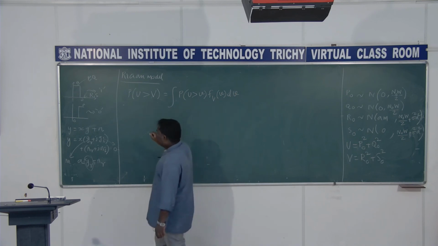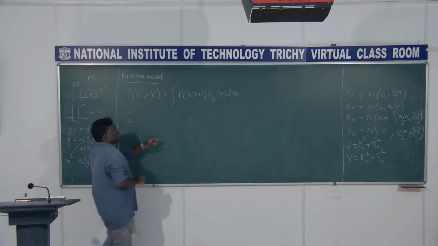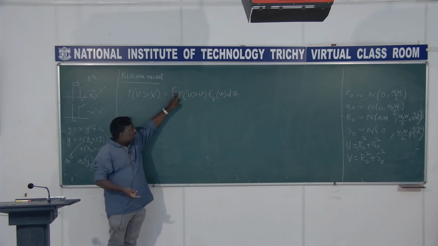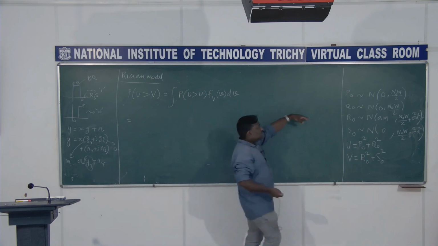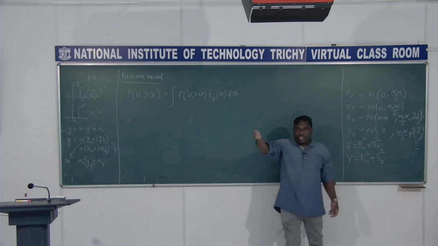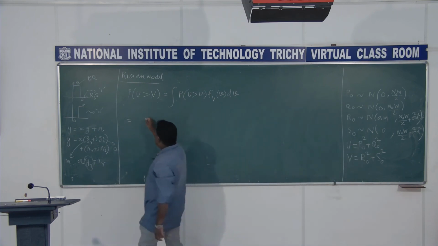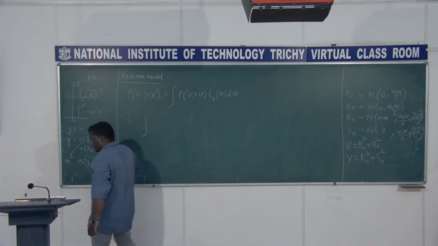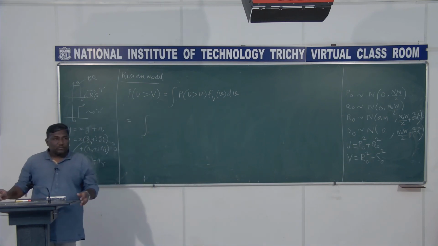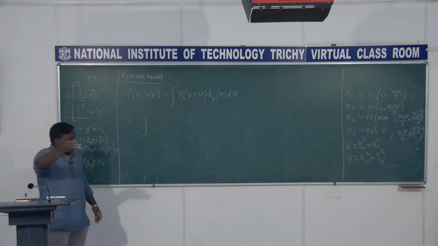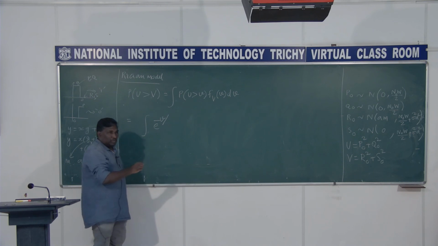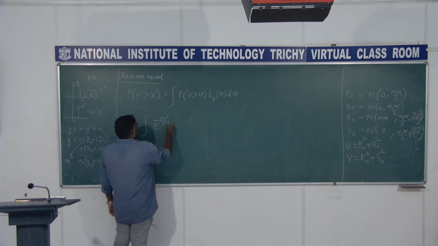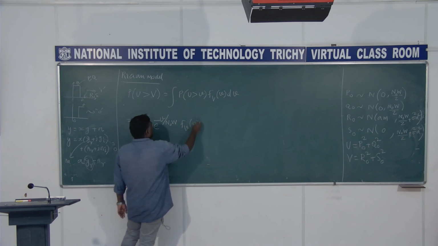This is what we want to find, right? And we already found yesterday the probability of U greater than V. As there is no change in the U part, I use the same result we got yesterday. What is the probability of U greater than small v? See the notebook, e power minus v by N0 W, right? I will use that, and I have this fv of v dv.